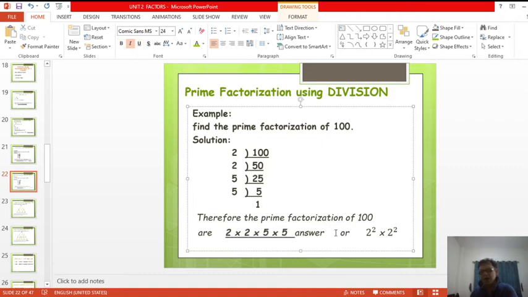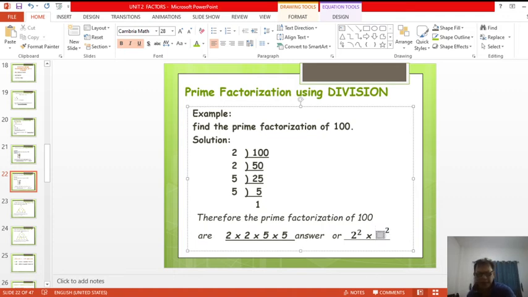Or, if I tell you to give me the exponential form of your answer, this will be your final answer: 2 to the power 2, because you have two 2's here. Oh sorry, this is 5. Hold on, I made a mistake. 5 to the power 2. I hope you understand this explanation.